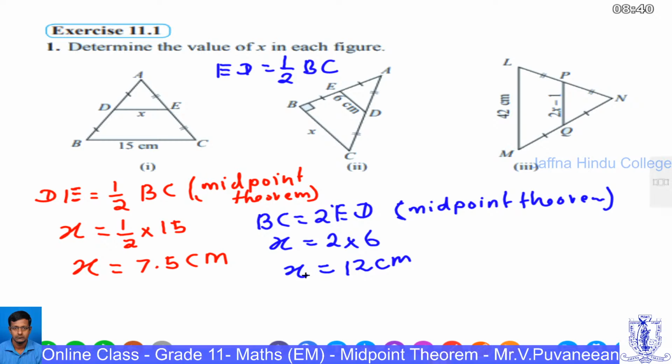So according to the midpoint theorem, we can write the length of PQ equals half LM.